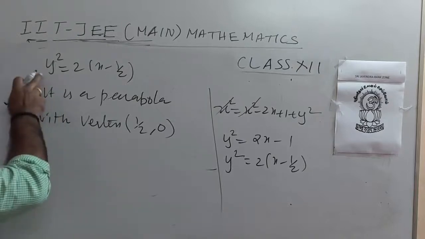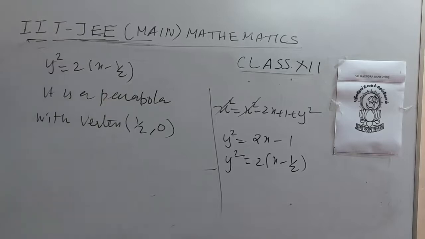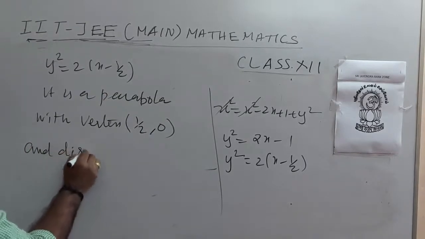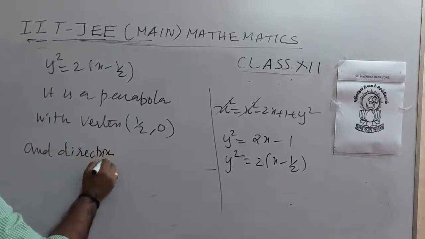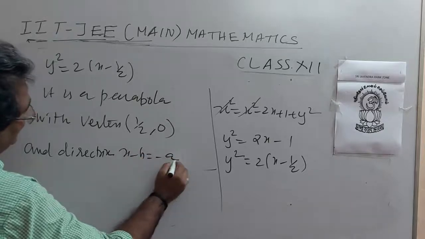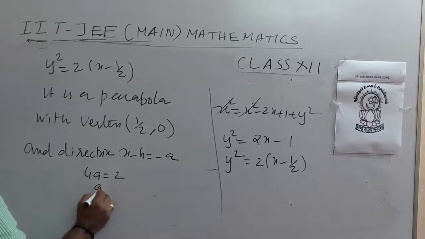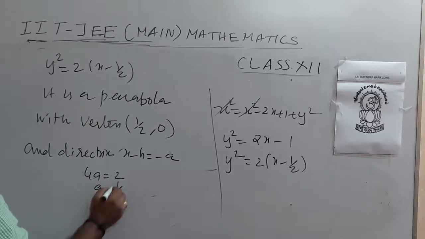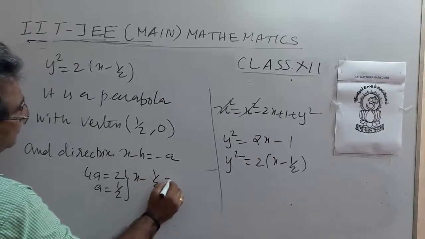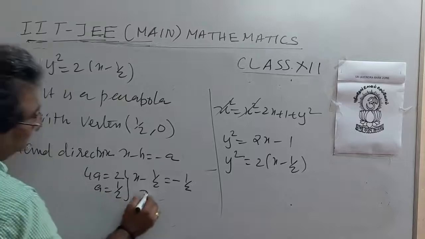If you take y equal to 0, x will be 1/2, that is the vertex 1/2 comma 0. And directrix: x minus h equal to minus a, from the formula 4a equal to 2, a equal to 1/2. So x minus 1/2 equal to minus 1/2, so x equals 0.